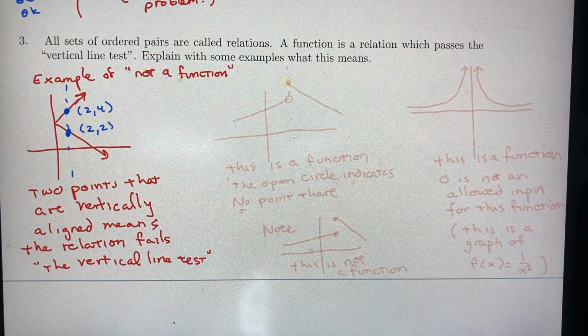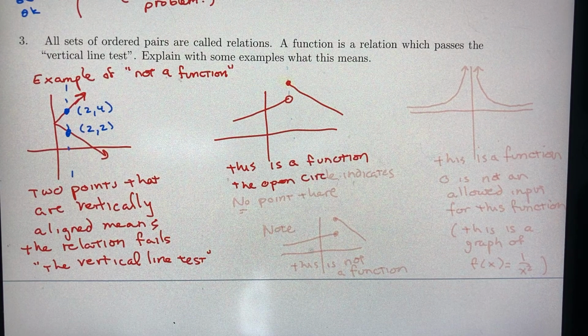Okay, so a couple of examples of things that are functions. This, for example, is a function. The open circle indicates the value is missing there. So the only value would be up at the top.